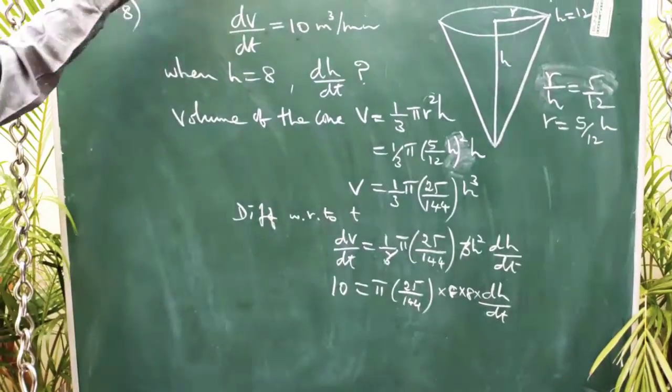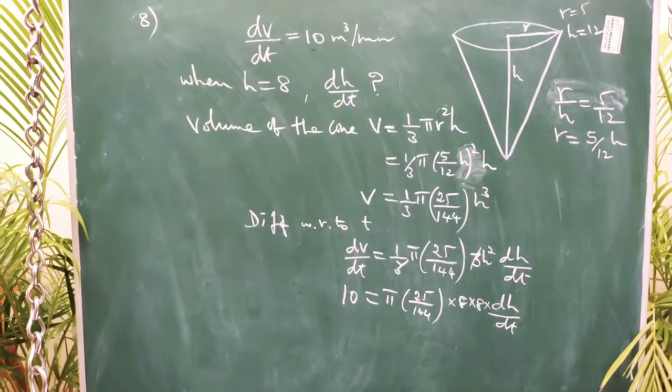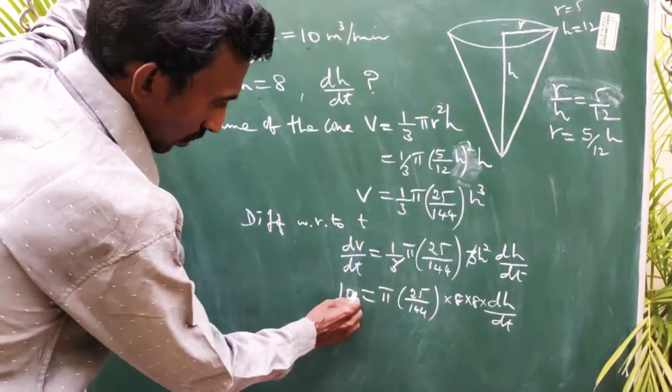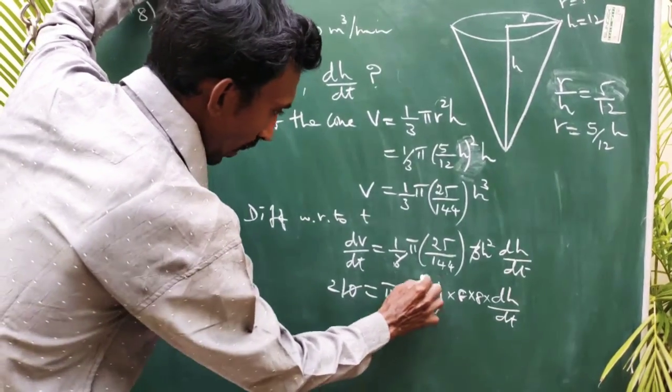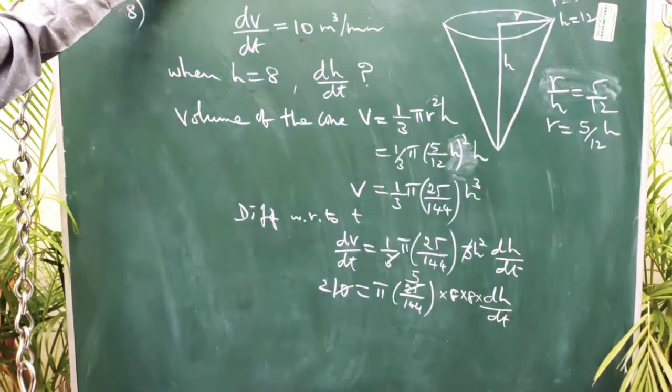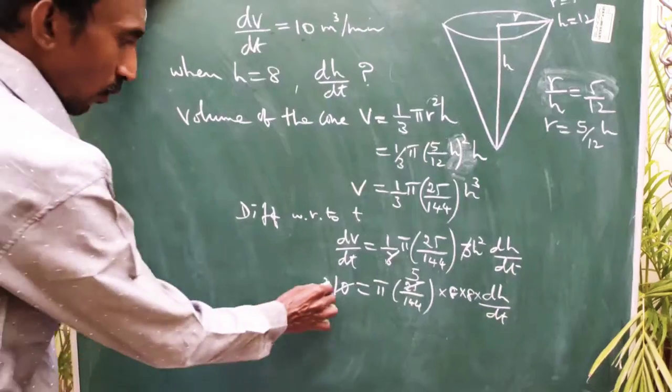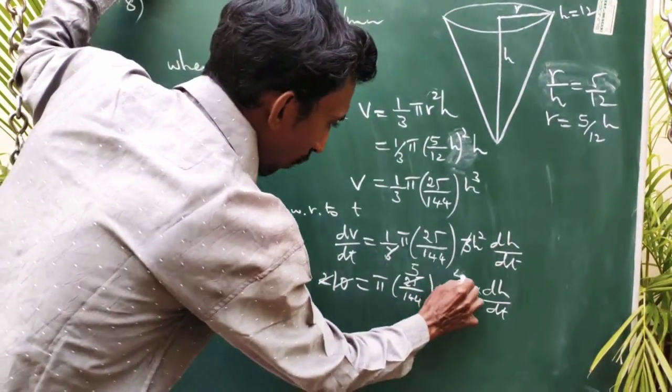If you want, we can cancel. So 2 5s and 5 5s are 25, and 1 2 here 4.